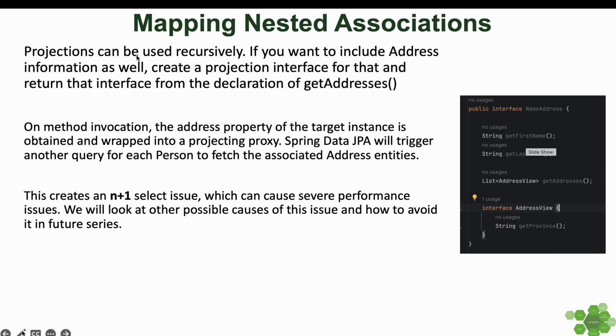All right. So projections can be used recursively. If you want to include address information as well, create a projection interface for that and return that interface from the declaration of get addresses. On method invocation, the address property of the target instance is obtained and wrapped into a projecting proxy.